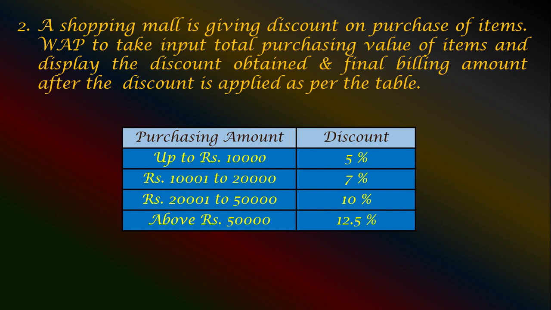This is a little bit different from the previous program. In the previous program, the bill value was calculated in several parts, but this is different. So let us see.